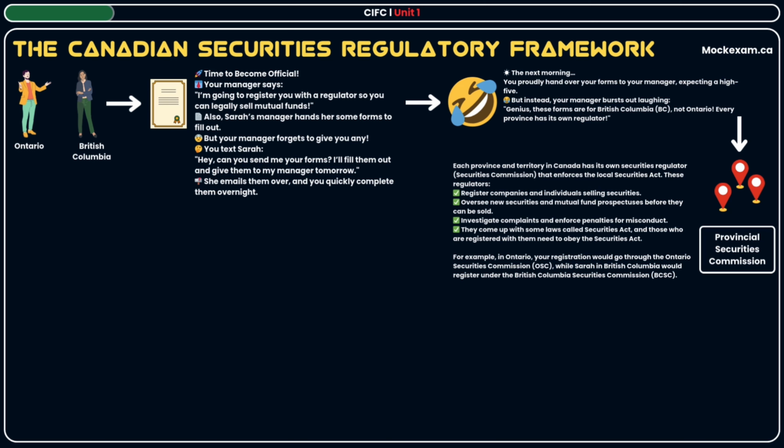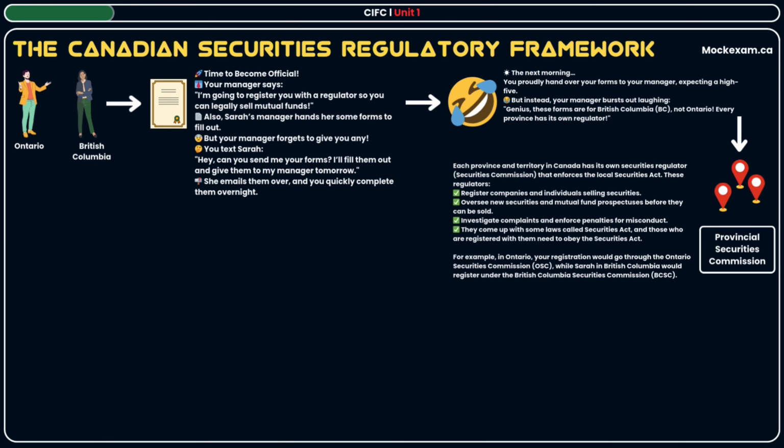Each province has its own Securities Act. To wrap up, based on our scenario, in Ontario your registration would go through the Ontario Securities Commission, or OSC, while Sarah in British Columbia would register under the British Columbia Securities Commission, or BCSC. Okay, great.